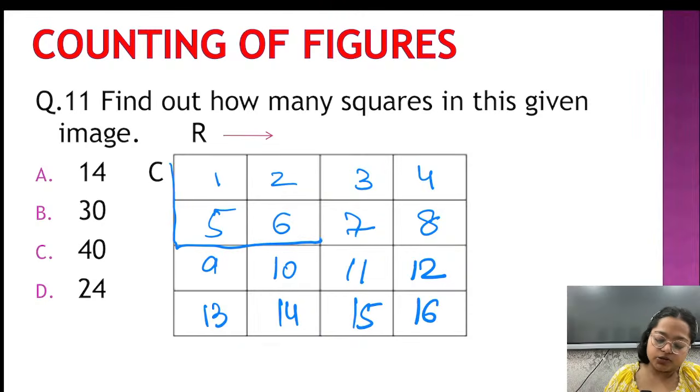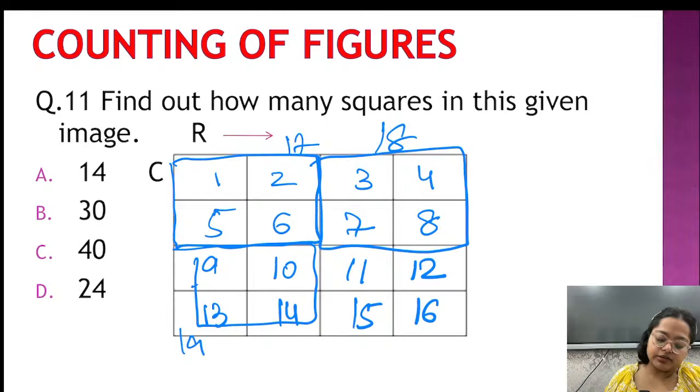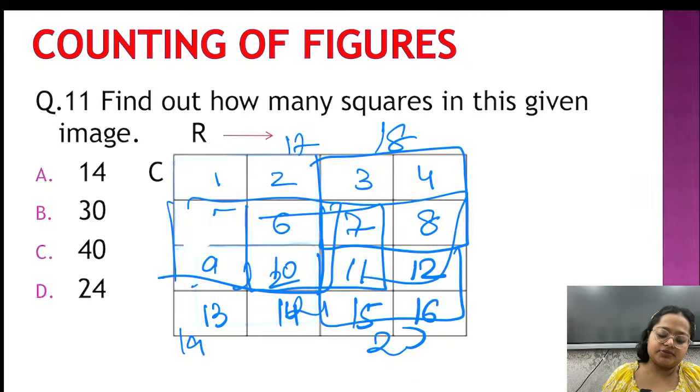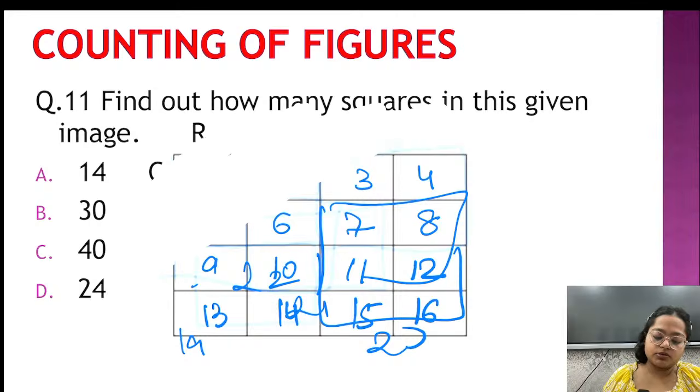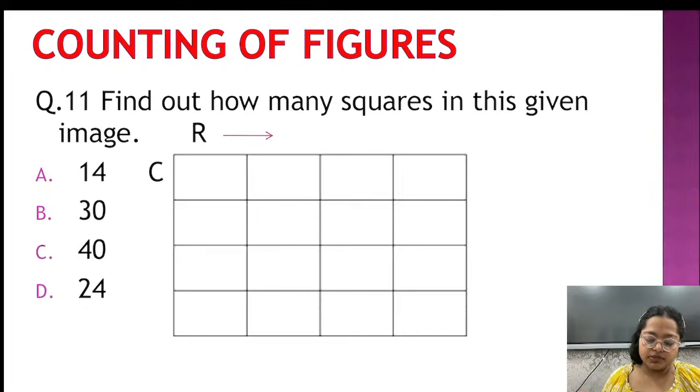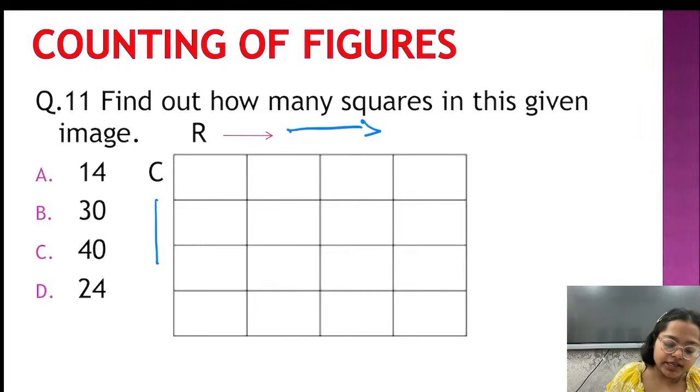Now this is also a square, ma'am. This is also a square. 16, 17, 18, 19, 20. This is also a square. 21. This is also a square. 22. This is very problematic. So there is a trick for this type of question. Okay, so these are rows and these are columns.